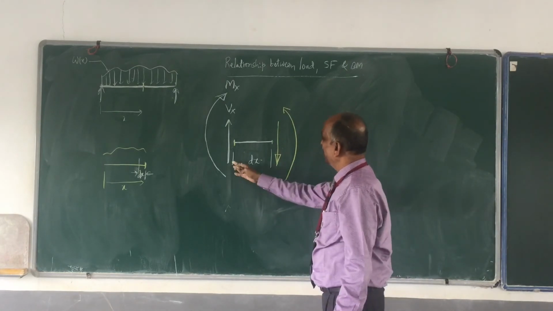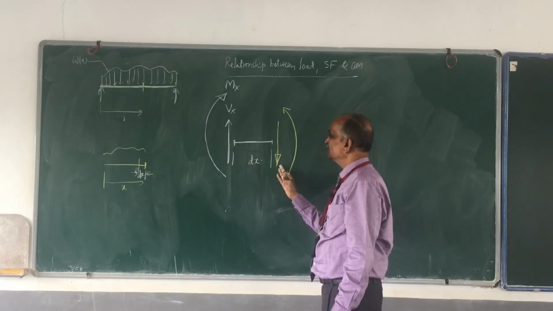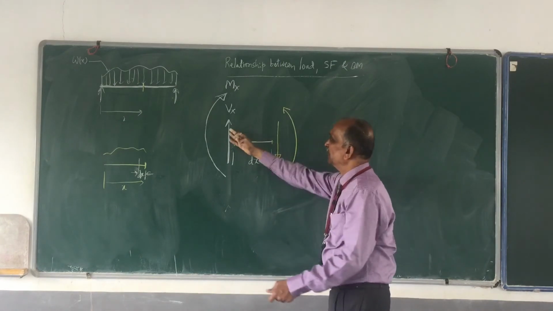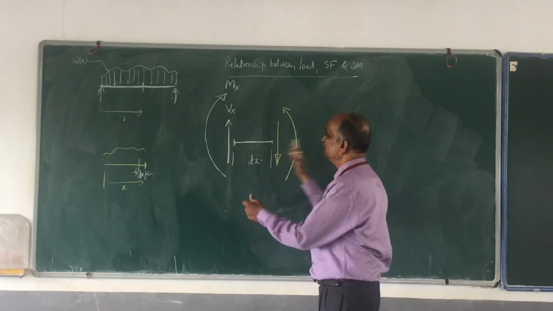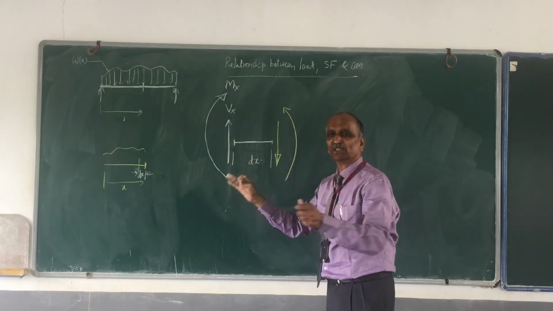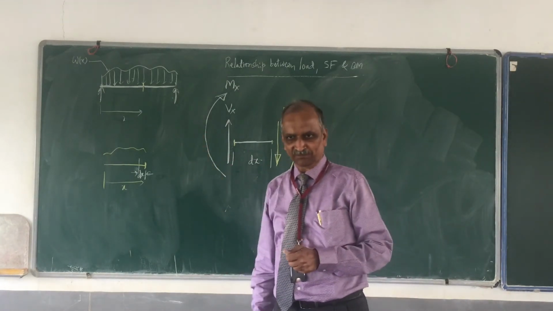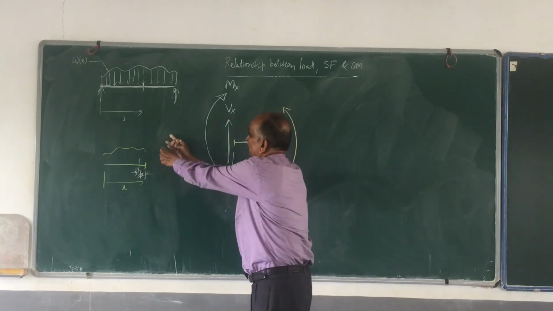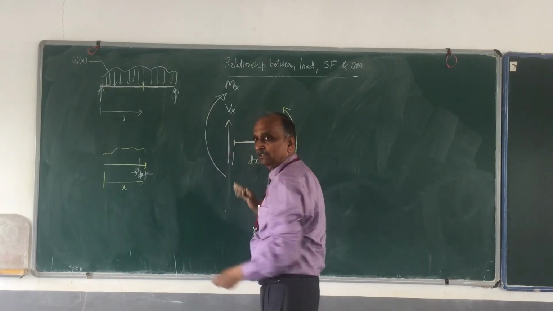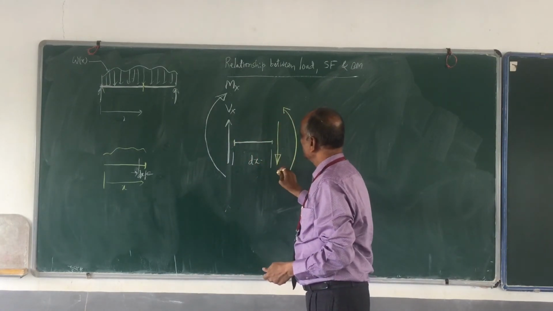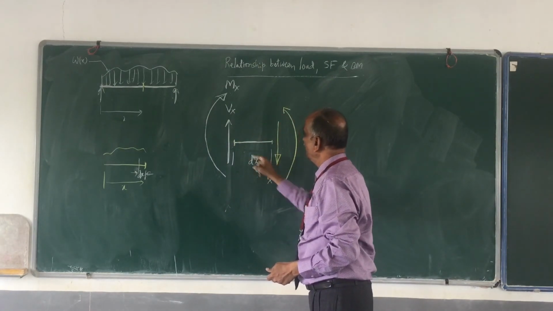I cannot call this also Vx if I say that this magnitude and this magnitude are one and the same. I presume in general that the bending moment and shear force vary with length. My reference is somewhere here. I have taken one section and this is another section, so I shall assume that it is a little more than this.